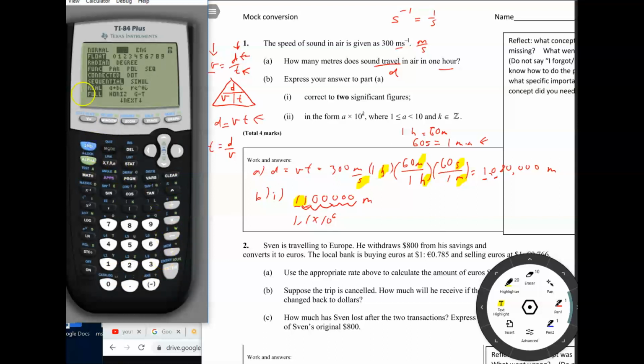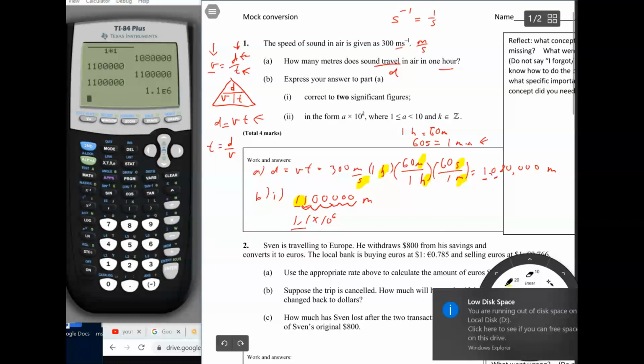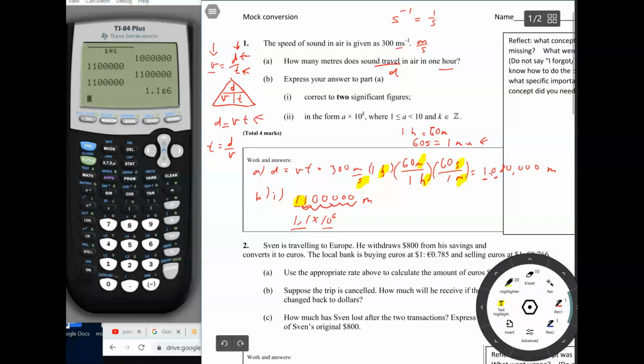Then go there and hit enter, and it will change to 1.1 times 10 to the 6, which means 1.1 times 10 to the 6. E6 means 10 to the 6. So that is our answer using scientific notation. That's B2.